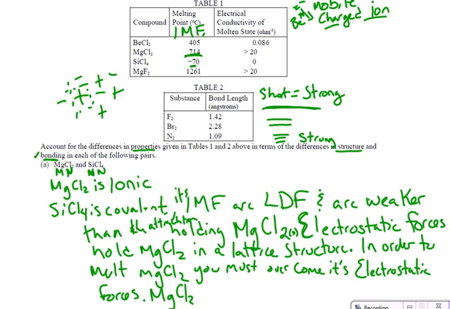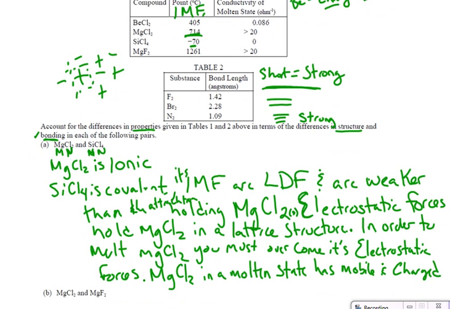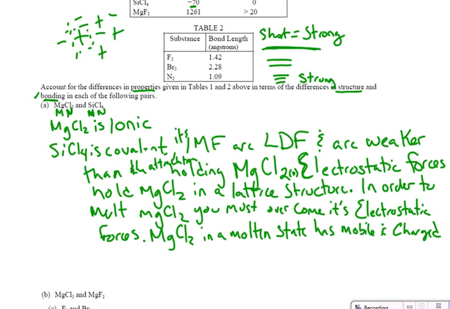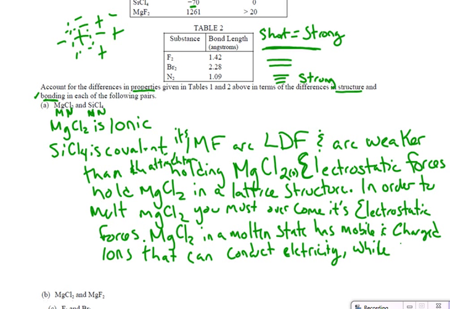Well, magnesium chloride in a molten state has mobile and charged ions that can conduct electricity, while silicon tetrachloride in its molten state does not.